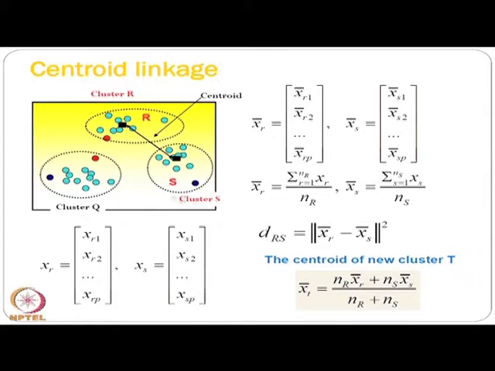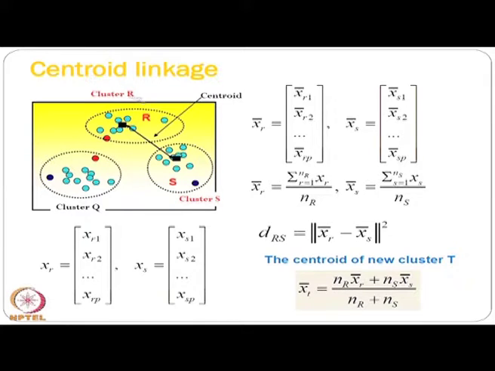Combining means one cluster will be created and this new cluster is T. Then what will be the centroid for this new cluster? The centroid for this new cluster will be the weighted centroid of the two clusters joined together. That is xt bar equal to nR xr bar plus nS xs bar divided by nR plus nS.